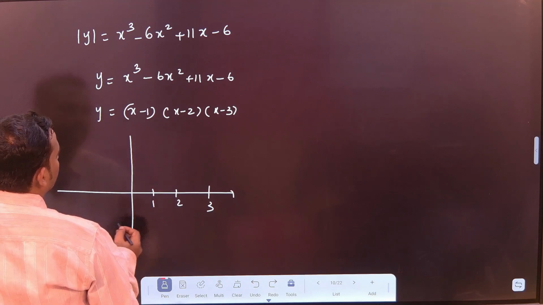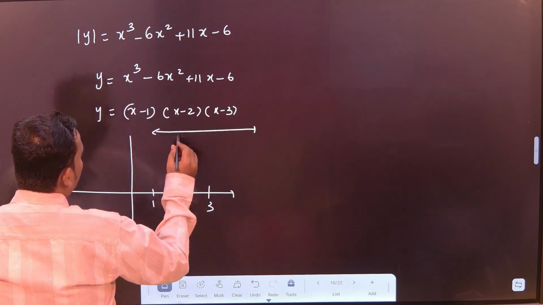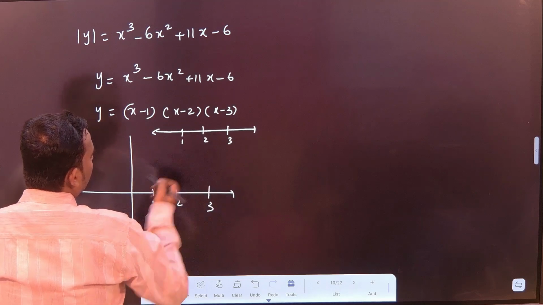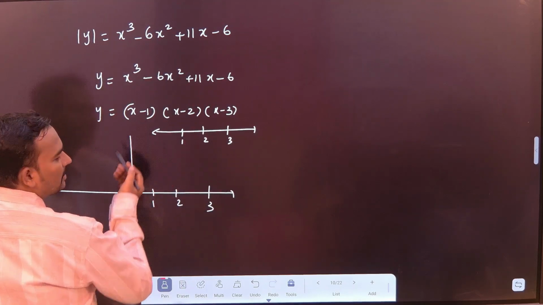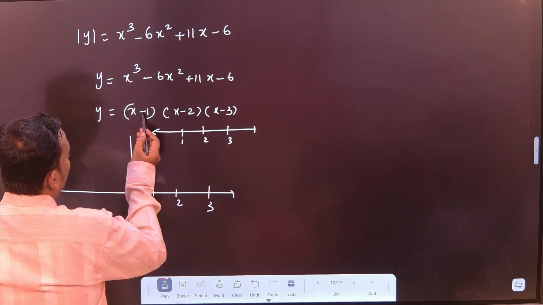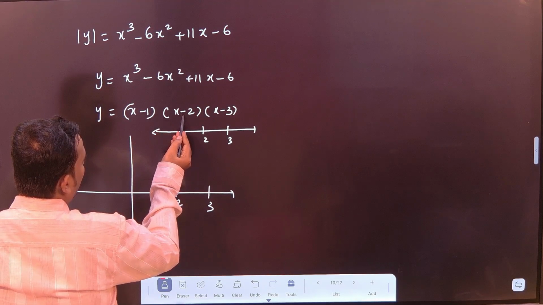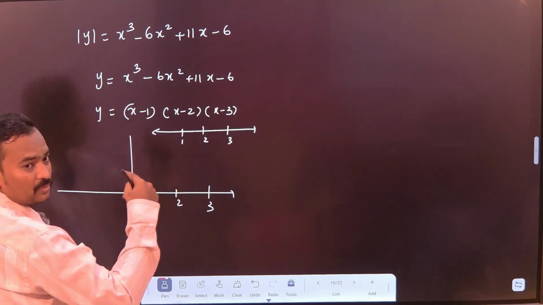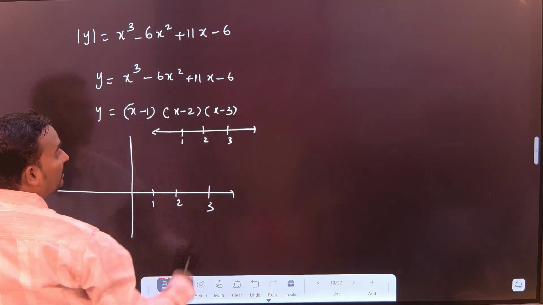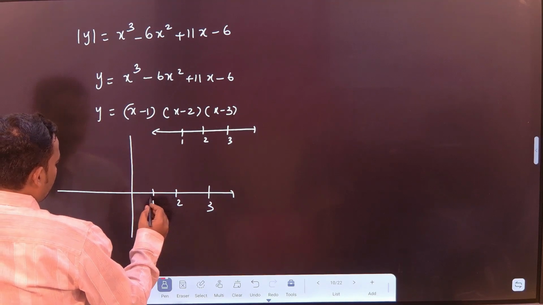Let us take 0. If you put 0, here is positive, here minus 1 into minus 2 is plus 2, 2 into minus 3 is negative. So definitely it is decreasing, right?